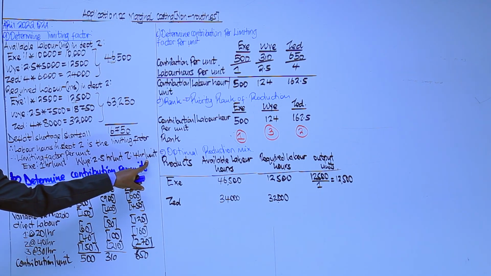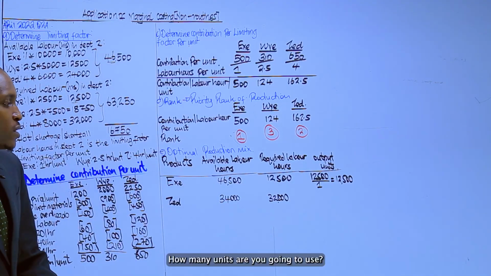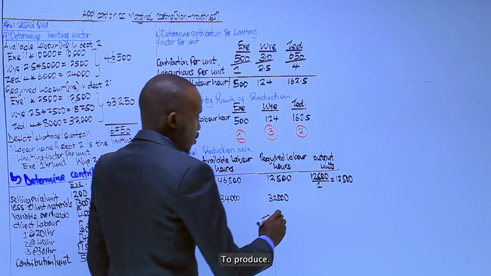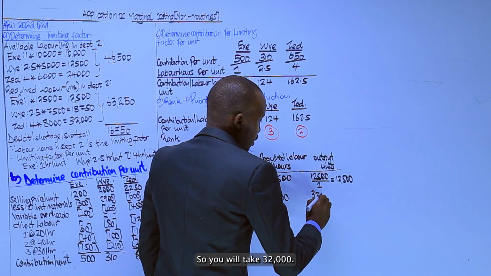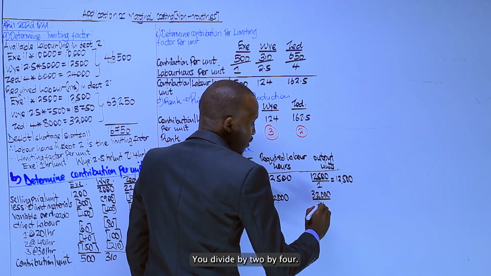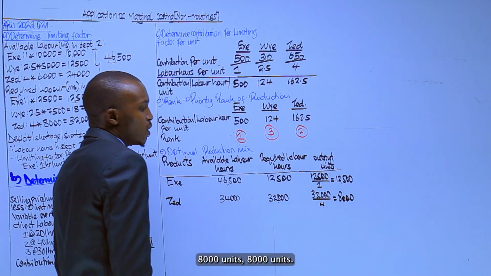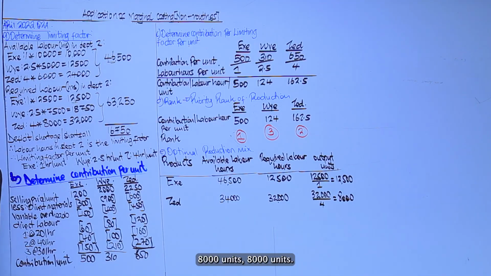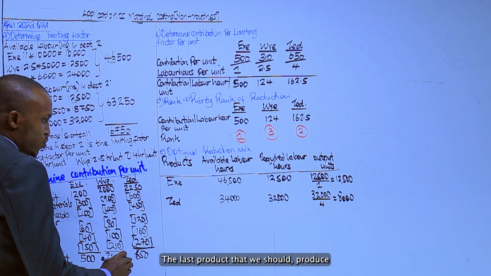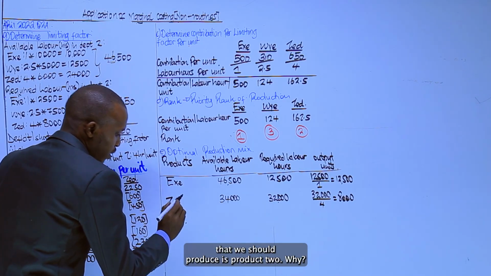If you currently have 32,000 labor hours, how many units are you going to produce? You'll take 32,000 and divide by 4. So you're going to produce 8,000 units.